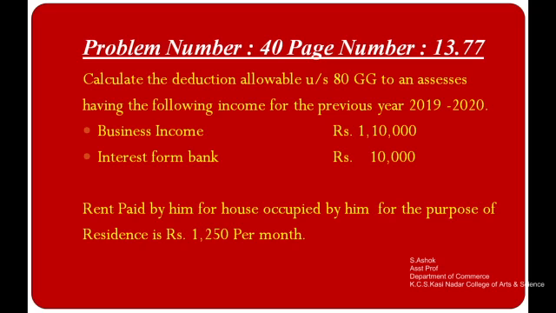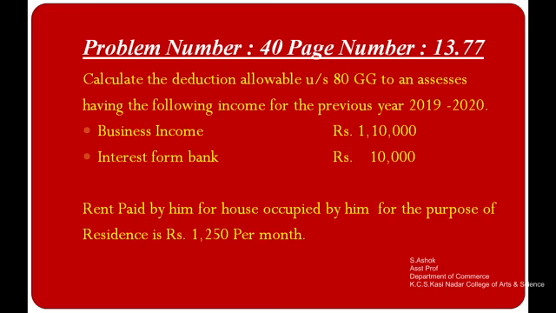Calculate the deduction allowable under section 80GG to an assessee having the following income for the previous year 2019-20. We have to find out the taxable income as well as the amount to be deducted under section 80GG. The assessee has a business income of rupees 1,10,000. Then he has another source of income, interest from bank, rupees 10,000.